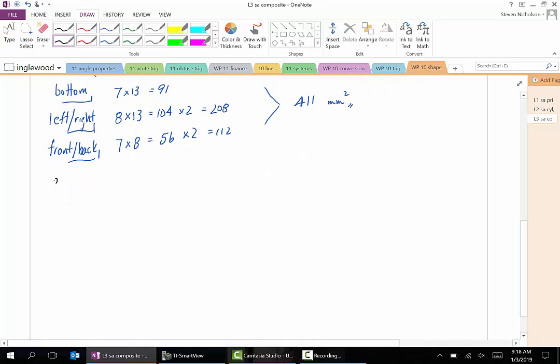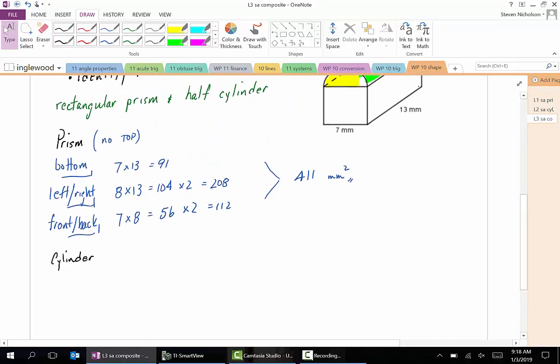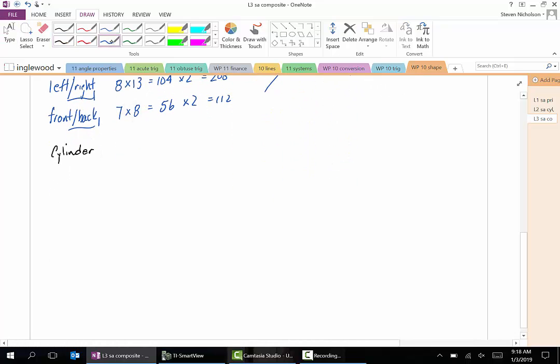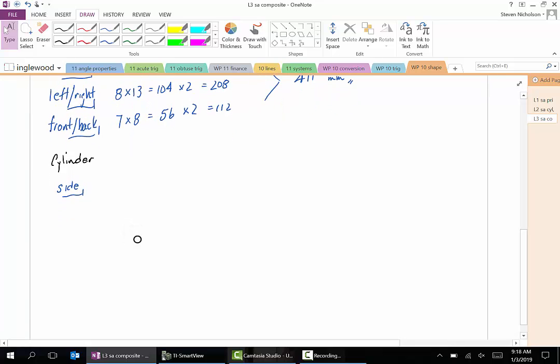So with our cylinder, you could call it a half cylinder or whatever, but again, what I want you to notice is there is no underneath to this cylinder. So in doing our cylinder, I'm gonna look at the side first. And in looking at the side, again, that's the lateral side, and we have a formula for that.